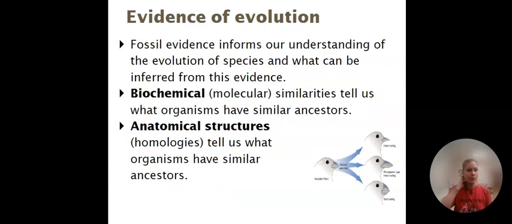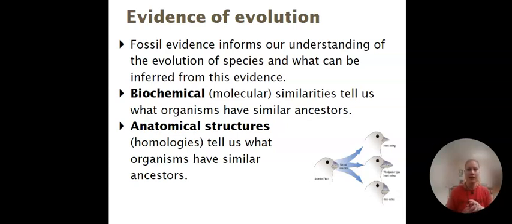So, a couple pieces of evidence. We have fossils, which inform our understanding of how species have changed over time. We can compare ancestral fossils to fossils found today or even living descendants: how have they changed, how have they stayed the same.